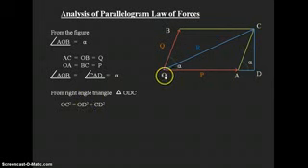Total OD can be written as OA plus AD, so OC squared equals (OA plus AD) whole squared plus CD squared. From the figure we can write the formula like this. Next, again from the right angle triangle ADC.